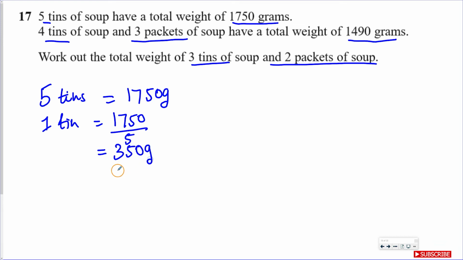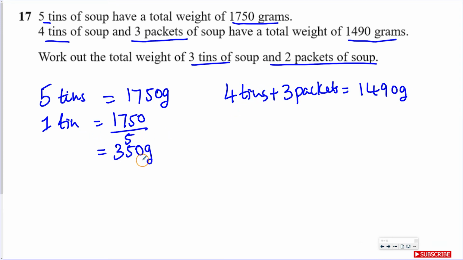350 grams. And then for the second statement, we're told 4 tins plus 3 packets. That's going to give us 1,490 grams. So we now know 1 tin is 350. So 4 tins is going to be 4 times 350 plus the 3 packets.